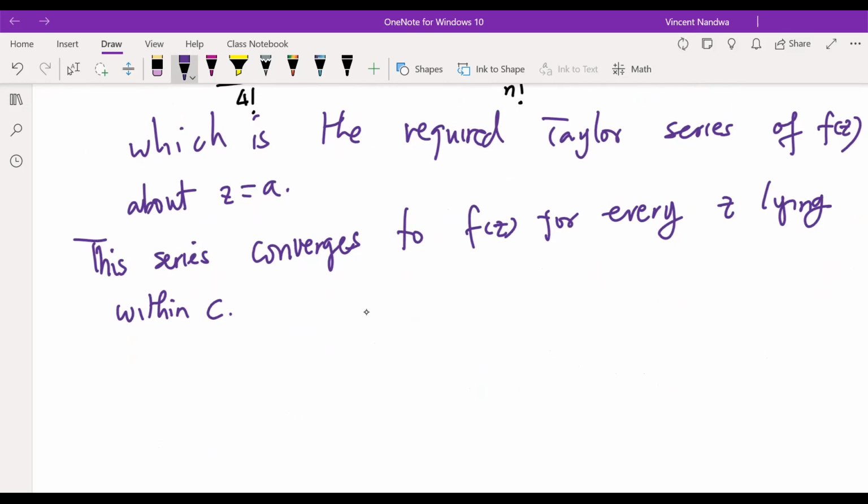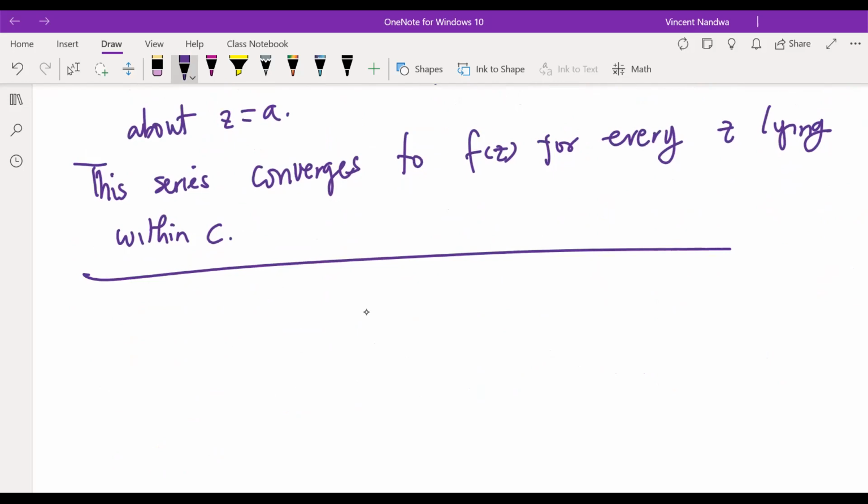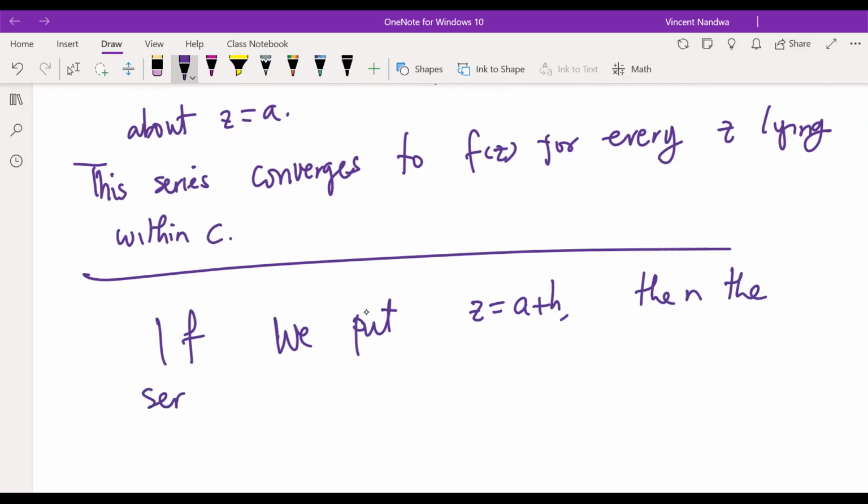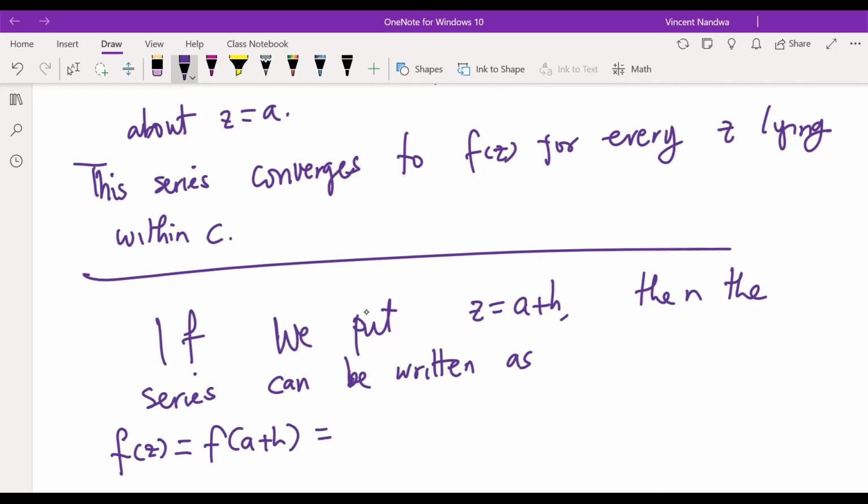So if we put z to be a plus h, then the series can be written as f of z equals f of a plus h. And so remember, when you say z equals a plus h, it is the same thing as saying z minus a equals h.